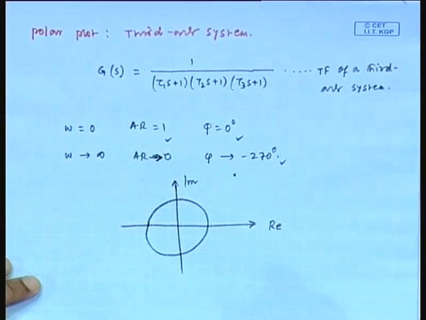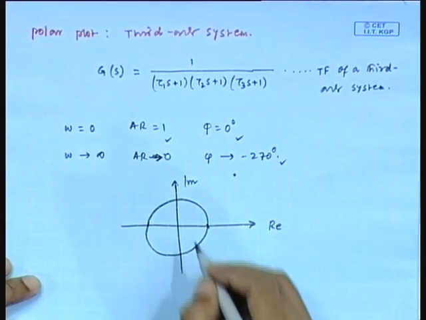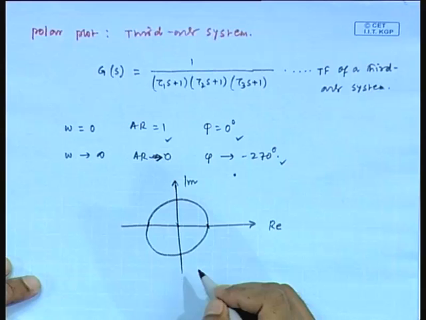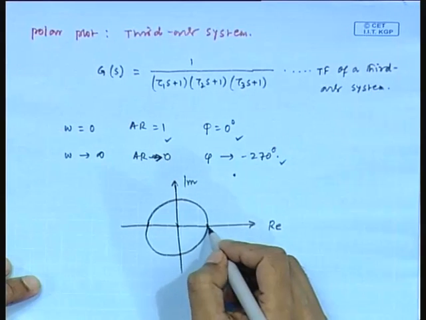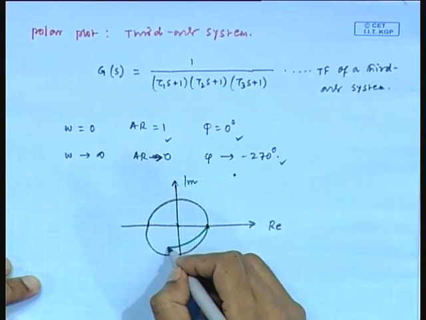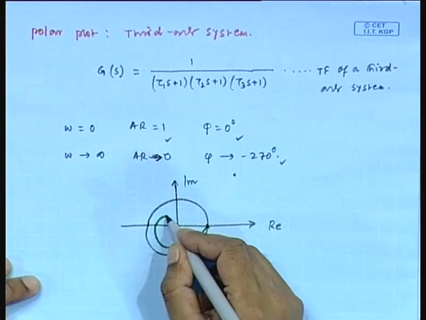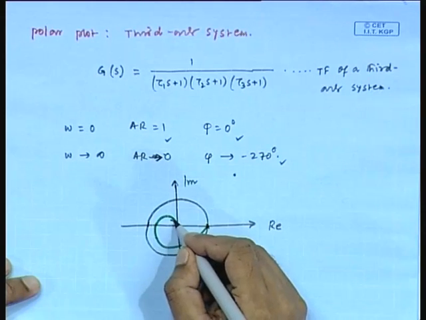This is a unit circle in the complex plane. Starting point is this one and end point is this one, and the polar plot we obtain is like this.